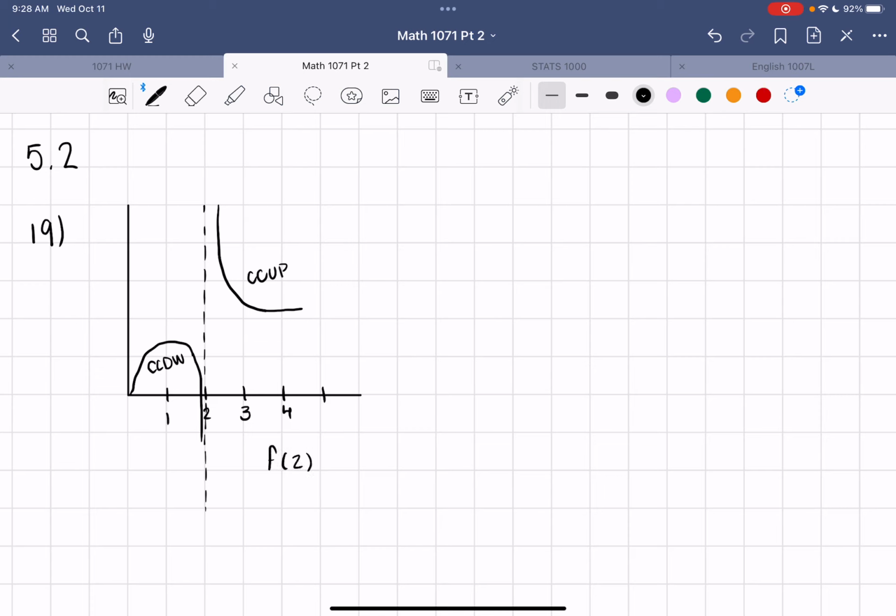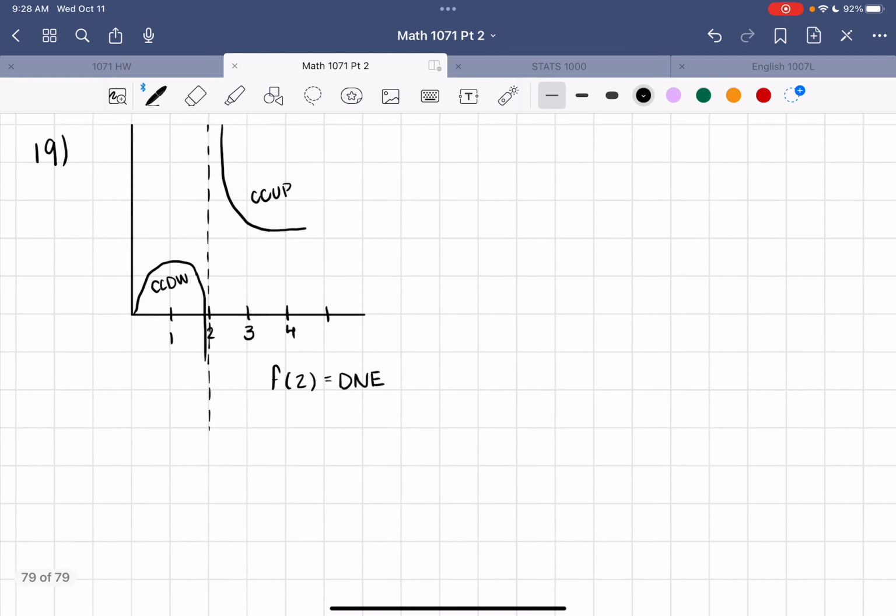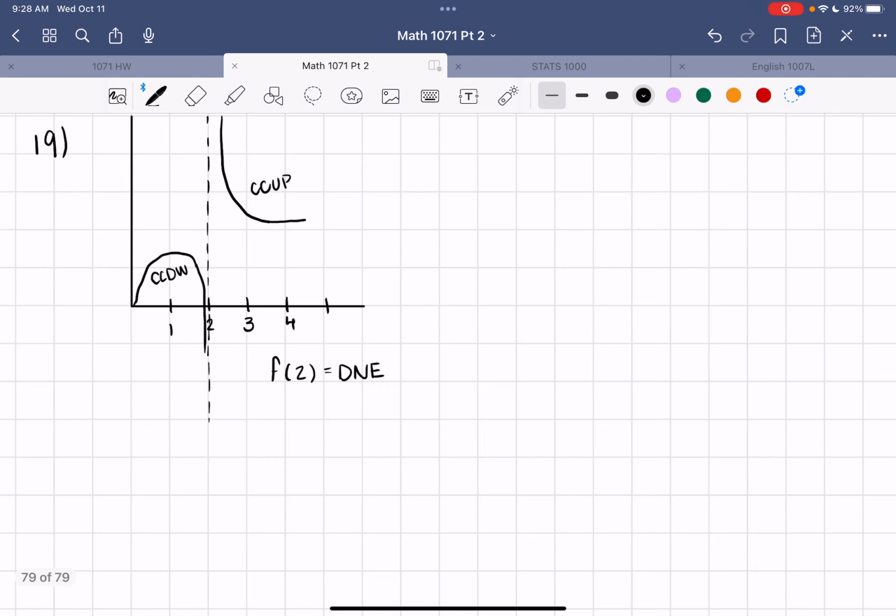And so we will call a vertical asymptote a default inflection point.